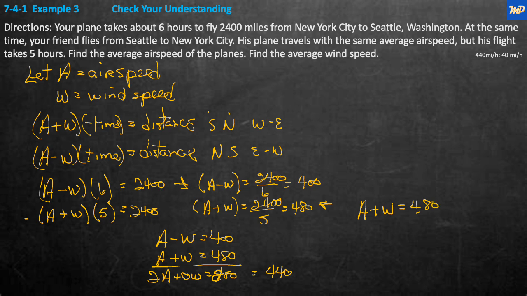Now I'm going to substitute 440, which is our A value, here. So 440 plus W is equal to 480. And when you do that, you're going to solve for W. You're going to subtract 440 from each side. You're going to get W is equal to 480 minus 440, and W is going to be equal to 40 miles per hour.